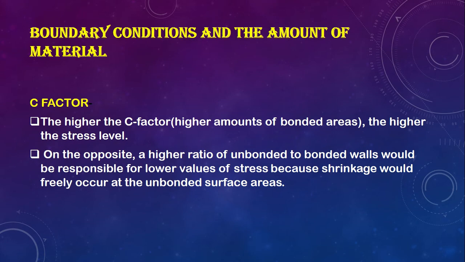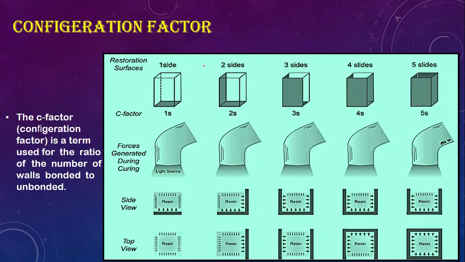On the contrary, the higher the ratio of the unbonded to the bonded surface, the lower the C factor, and the more area the polymer can flow through, hence the less generation of stress. It is interesting to note that polymerization shrinkage creates stress as high as 30 megapascal between the composite and the tooth structure.